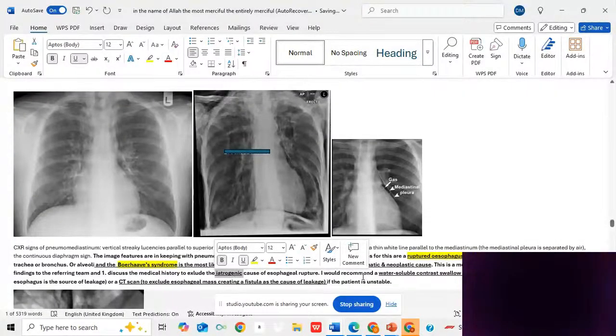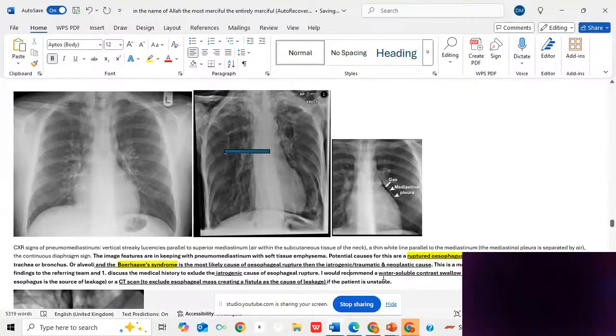Okay, then you need to recommend a water-soluble contrast swallow to confirm that the esophagus is the source of leaking. And water-soluble contrast swallow is only done if the patient is stable, okay?